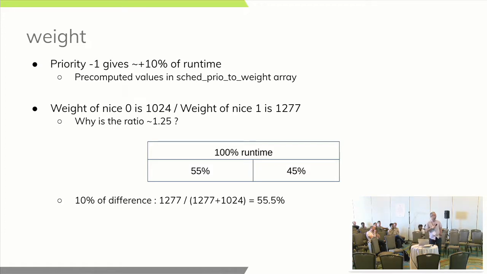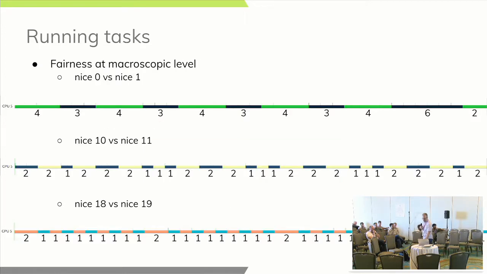I just put some example of two weights for the nice 0 and the nice 1, and I'm just explaining how it's working. So I already described this last time. You can interrupt me if you want more detail on this, if you want me to come back.